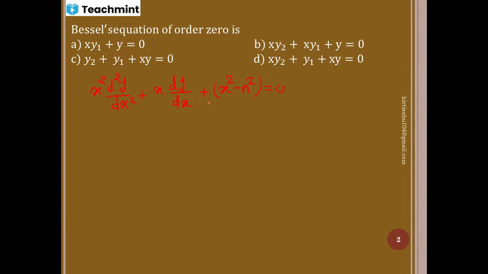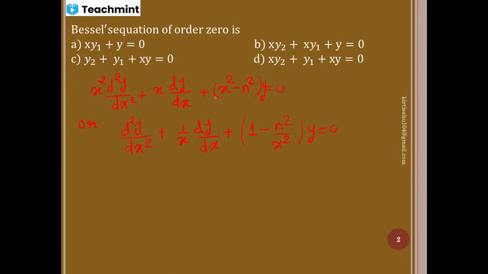When n is a non-negative real number. This can sometimes also be written just by dividing by x square. So you will find another form, that is d2y by dx square plus 1 by x dy by dx plus (1 minus n square by x square) y equal to 0, right?